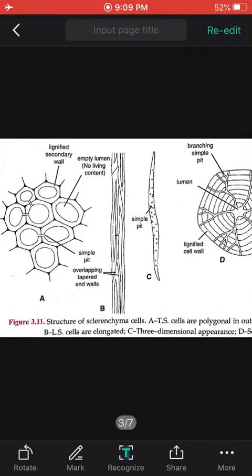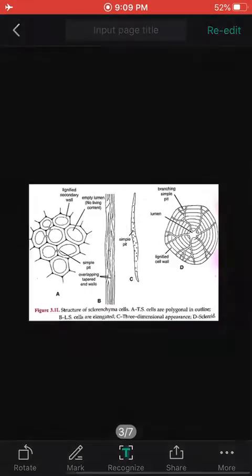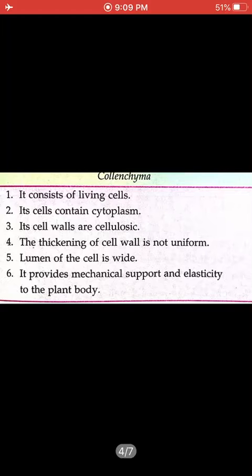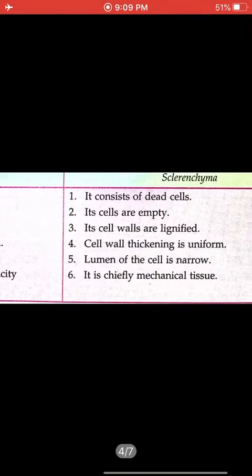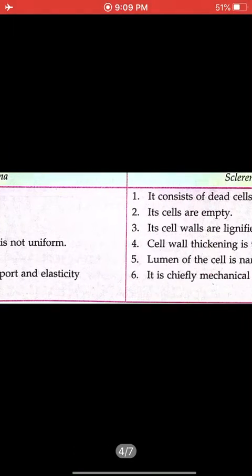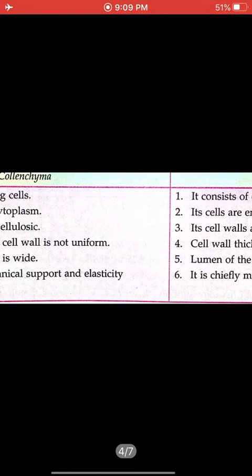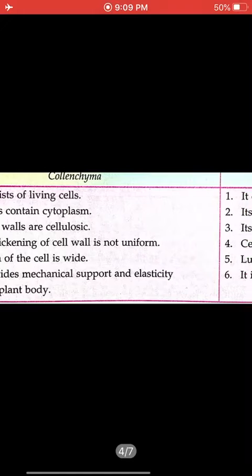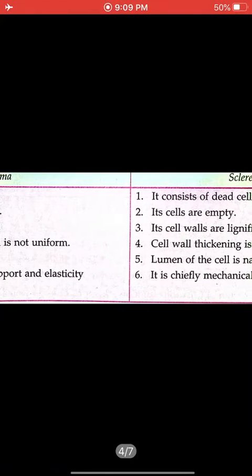Now coming to the next, we have the difference between collenchyma and sclerenchyma. Collenchyma has living cells, while sclerenchyma has dead cells. The cell contains cytoplasm, while these cells are empty. In collenchyma the cell walls are cellulosic, means cellulose is present, while in sclerenchyma the cells are lignified, lignin is present.